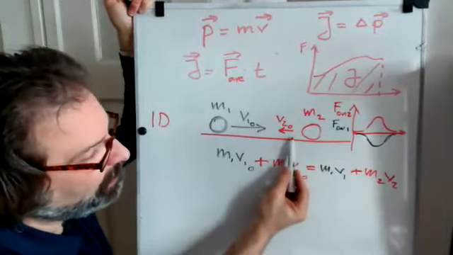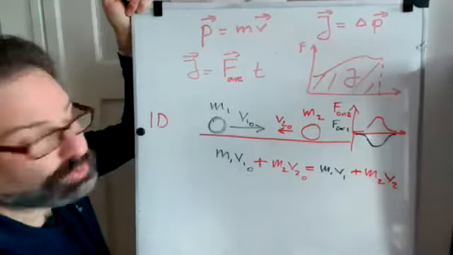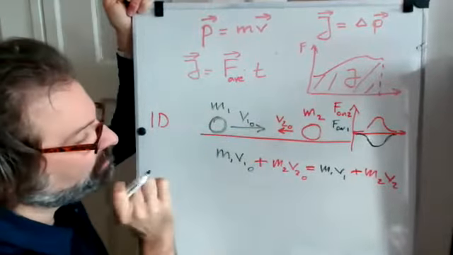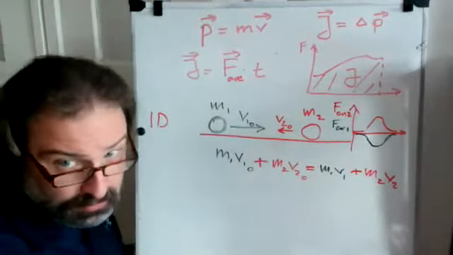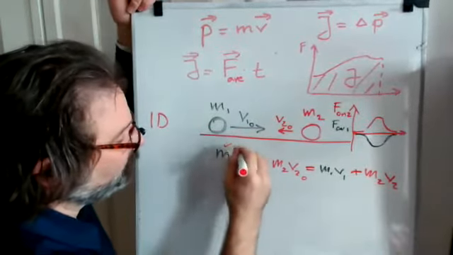V1,0 is positive, V2,0 is negative, but either way, let's assume we know M1, V1,0, M2 and V2,0. So two pool balls approaching each other at a certain speed. We would assume that we know those.